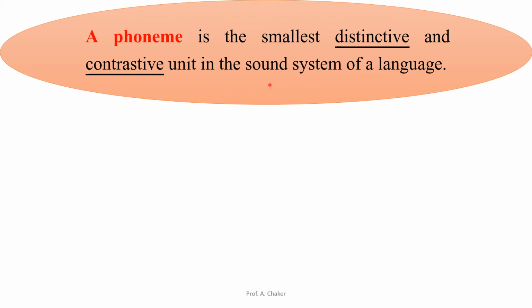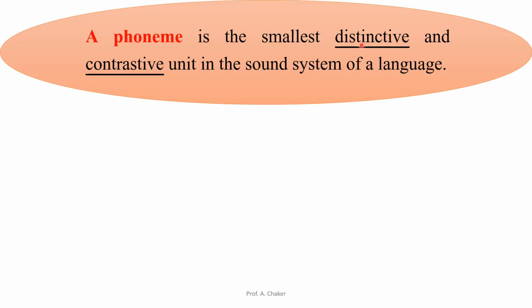What do we mean by the sound system? It refers to all the speech sounds that the language contains. So if we take English, for example, its sound system contains 44 speech sounds that we have already talked about. So these speech sounds are all phonemes. Why? Because they are distinctive and contrastive.